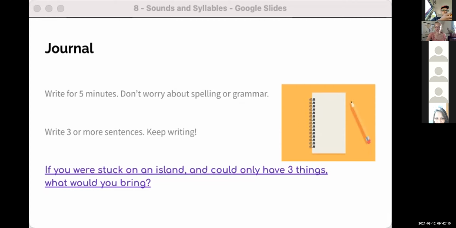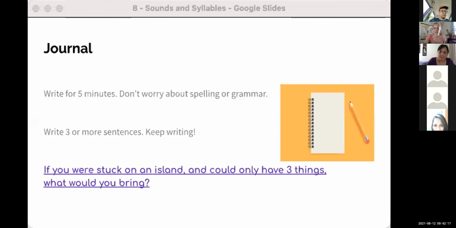We are just finishing up a little bit of writing practice about this question. If you were stuck on an island, there's nothing there, only the sand and a palm tree, and you could take 3 things, what would you bring with you on that island? So we're going to go into our breakout rooms now and answer this question. Oh, we have one more student joining us.